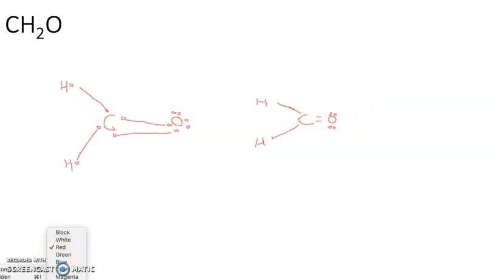Let's go blue. Around the oxygen, there's 2, 4, 6, 8 electrons, and around the carbon, there's 2, 4, 6, 8 electrons. So there's a total of 8 valence electrons around the nonmetals except for hydrogen. Okay, so that concludes the double bond.